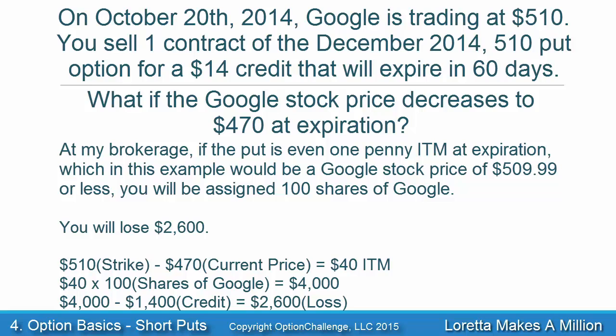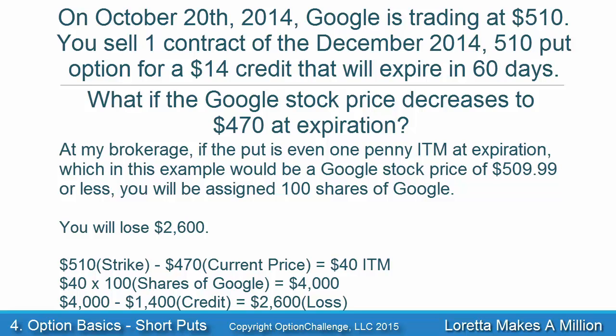If you do not want 100 shares of Google assigned to your account, then you need to buy back the put before expiration. And you should buy back the put before the Google stock price has such a significant decrease in price. You will lose $2,600. Here is how the loss is derived. You subtract the $470 current market price of Google from the $510 strike price.